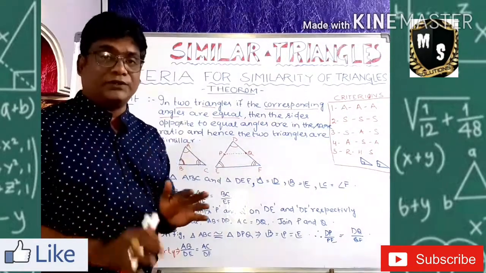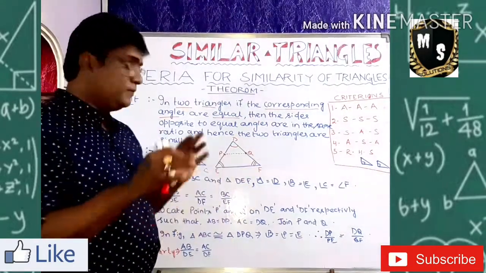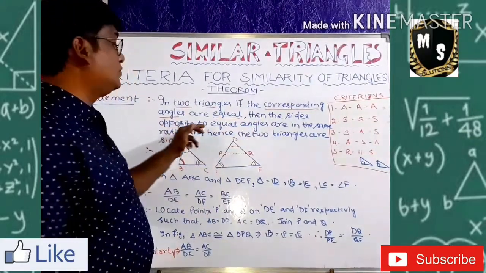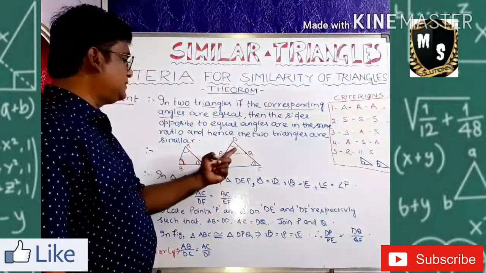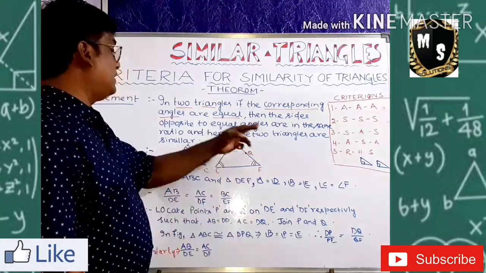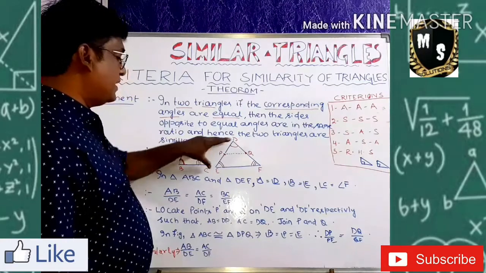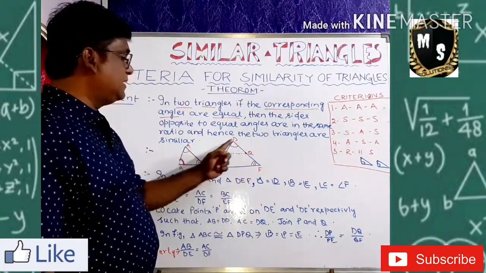So what is given to you? Corresponding angles are equal. You have to prove if the angles are equal, the sides opposite to equal angles, these two equal angles, so opposite to them is BC and EF, are in same ratio. So we have to prove AB by DE is equal to BC by EF is equal to AC by DF.